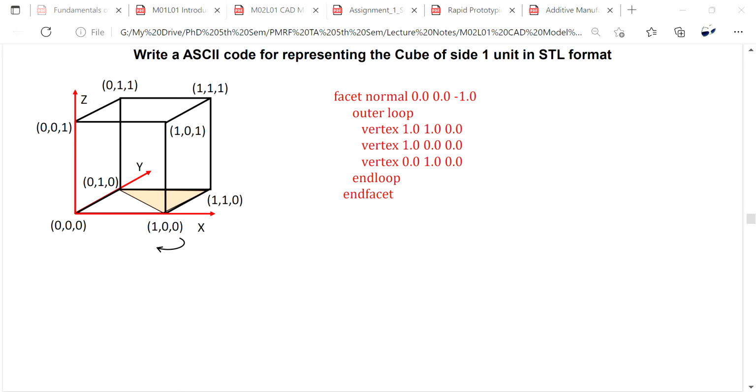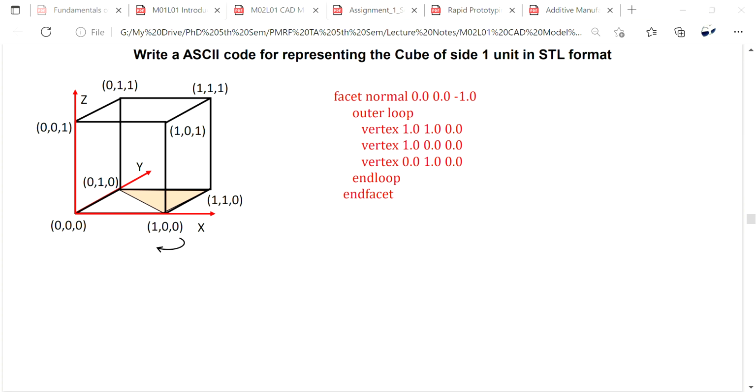So each triangle here we will be dissecting into one more triangle. So this is a rule, there will be two triangles corresponding to one triangle on top.